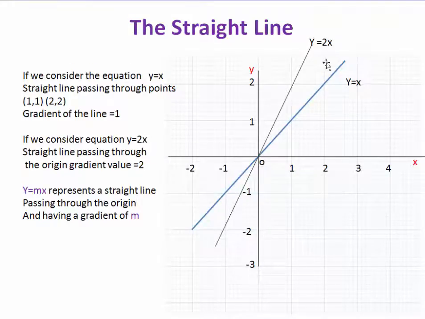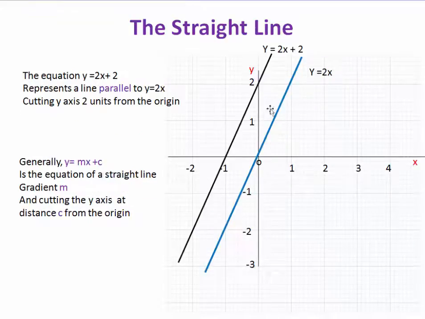So generally speaking, if we look at these two, we can represent a general equation where if a straight line goes through the origin, y equals mx, where m is the gradient. So this is the gradient 2. So if it was 3, it'd be steeper. Okay, and that's only true for points that go through the origin.